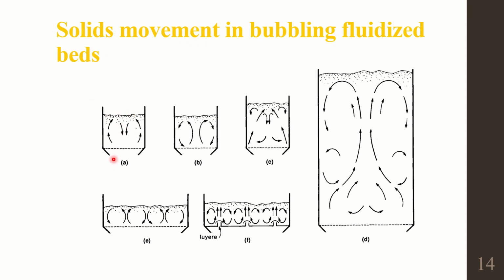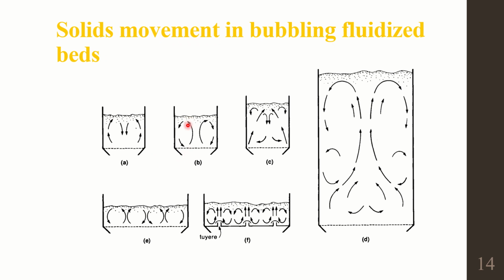In this case, if the velocity is very low, the solids would go up near the walls of the column and fall back in the center. This is what happens when the bed dimensions are similar in length and depth, or diameter and depth, whatever, and the velocity is very low.